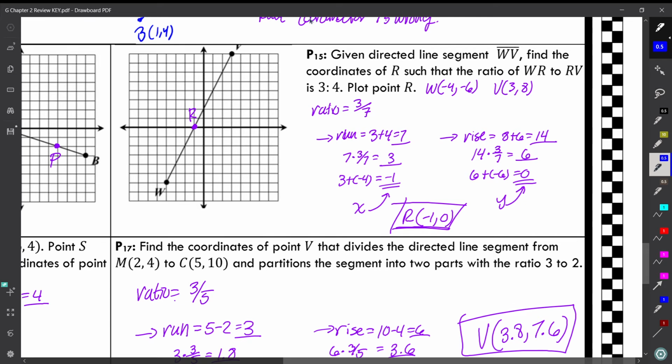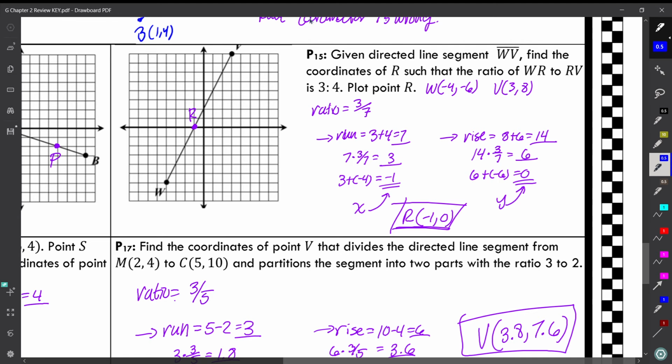W is my initial point because the segment is written as WV. To get the part-to-whole ratio, add up the 3 and the 4, which gives me my whole, 7 parts, and my part from the beginning was 3, so 3 over 7. We'll use that to solve it now.